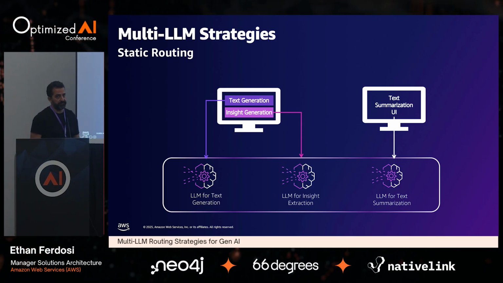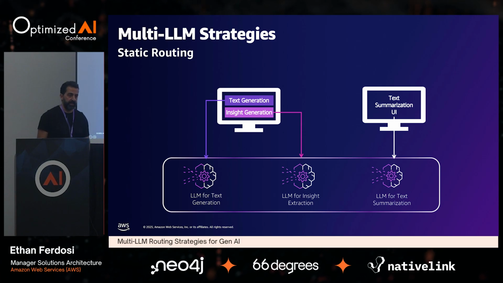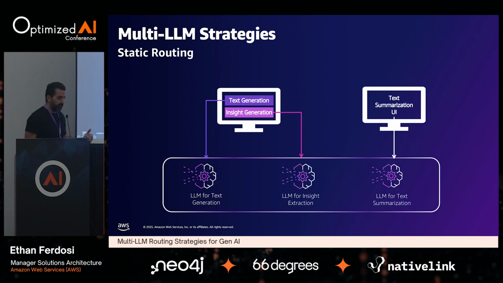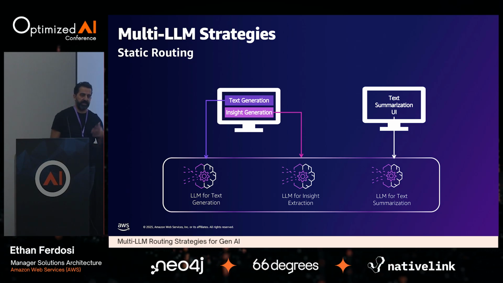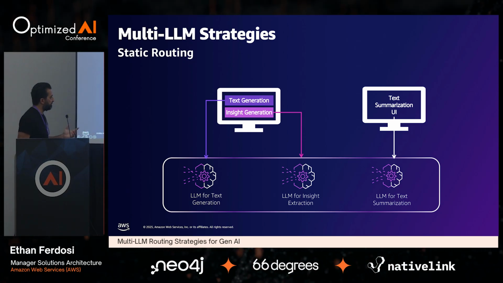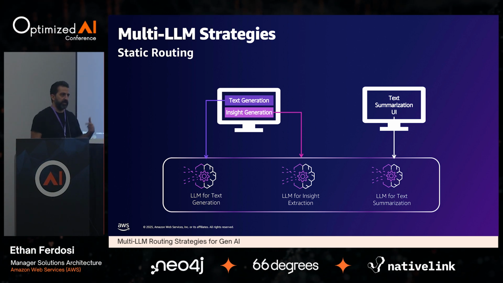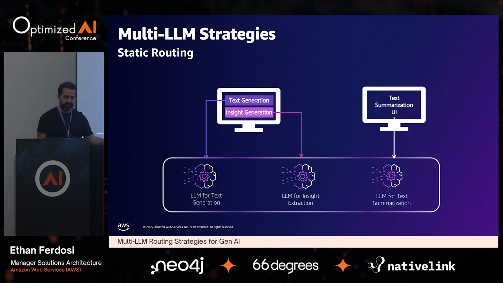You basically have different UI components in your application, and each is directly tied to a language model. The example I have here is content marketing. Imagine there is a team that has some people required to do text generation for new ads, new blog articles, headlines, and those sorts of things.